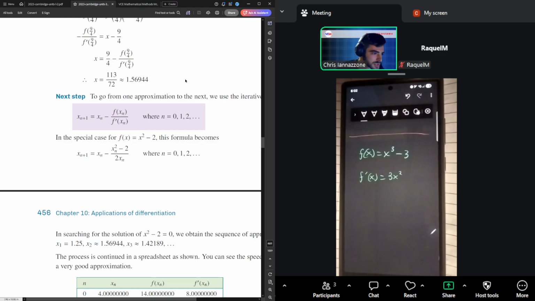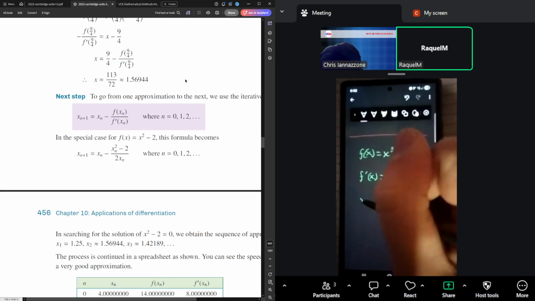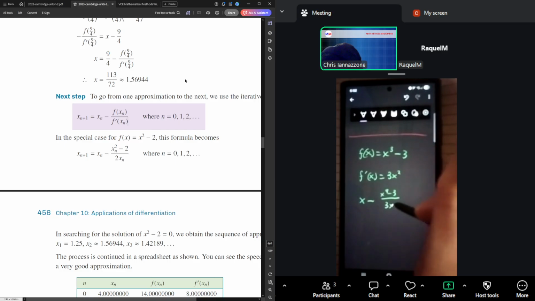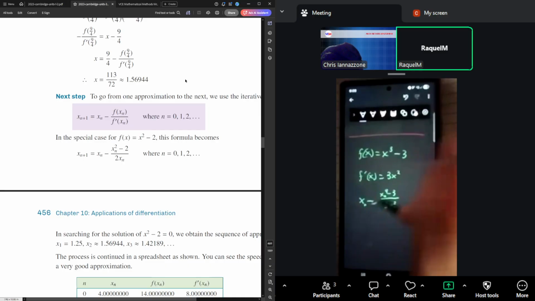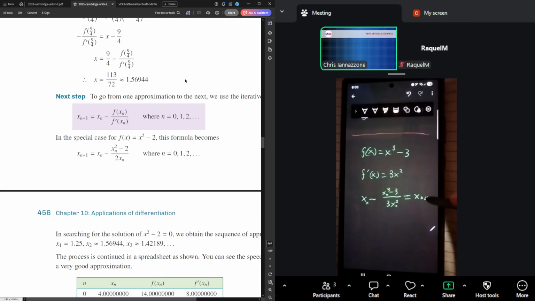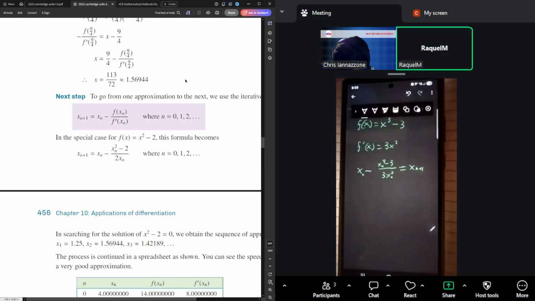So starting with this generic one, how might we write using that? Would it be x minus x cubed minus 3 on 3x squared? Really close. Just making sure we're putting the n subscripts on each of those. So xn, and then what it actually equals is xn plus 1. How did you get to xn plus 1?